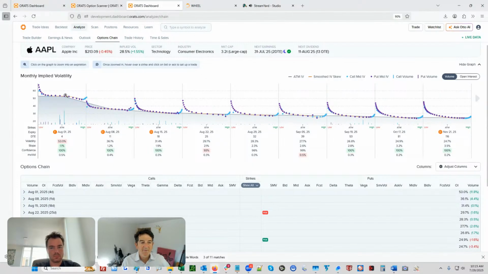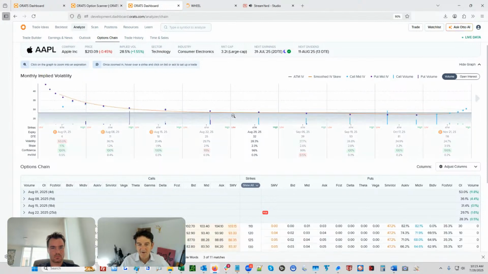So you can see that these are each expiration for Apple, and there are purple dots and there are cyan dots. The cyan are calls, C for cyan, C for calls, P for purple, P for puts. So put volatility and call volatility, and they often overlap. We have a process in the SMV to make them overlap, because they should overlap.